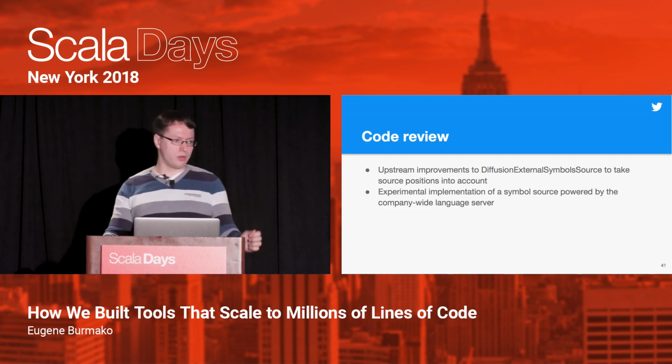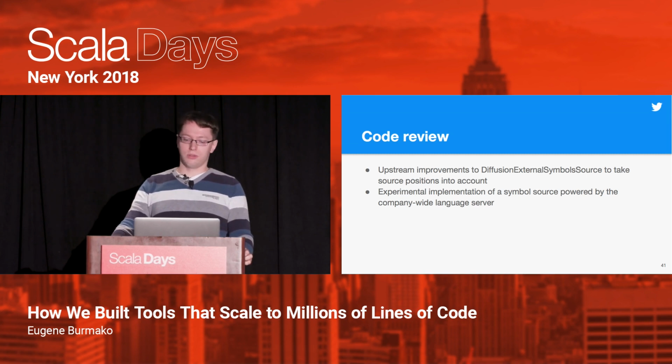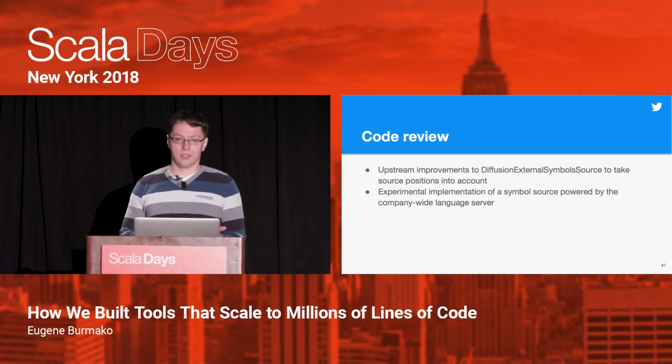I mentioned before that we're using Fabricator, and Fabricator has something called diffusion external symbol source, which is a long-winded way of saying, well, something that can reply to go to definition. We upgraded this thing, which was supported in PHP and Python. We asked upstream to integrate this into the main product. Now it takes into account source positions.